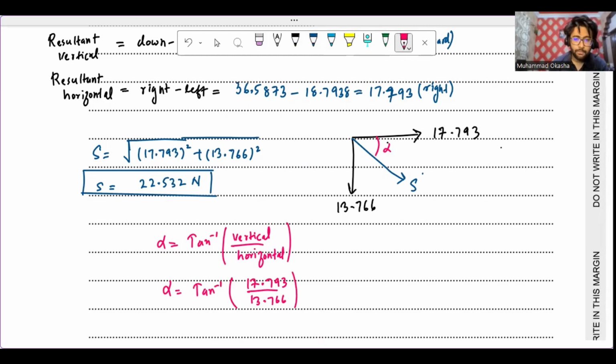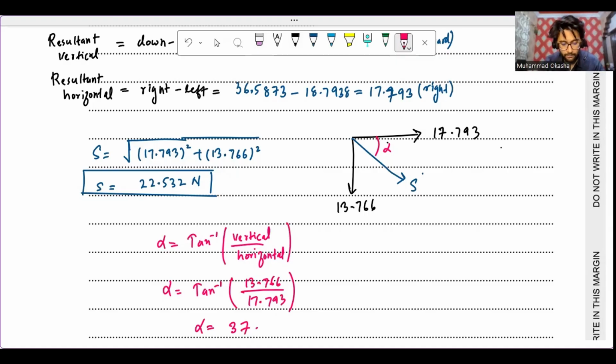Okay, I'm so sorry, I did it the other way around. Vertical means downward. So that is 13.766 divided by 17.793. I'm going to get the angle, which is 37 point. I'll do the math actually.